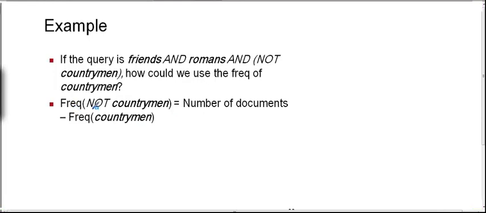So the length of the postings list for not countrymen, this intermediate result, will be the total number of documents in the corpus minus the length of the countrymen postings list. And this length is something you know because you have the document frequency of countrymen stored along with it in the dictionary.